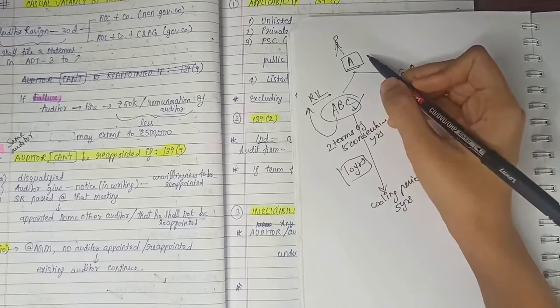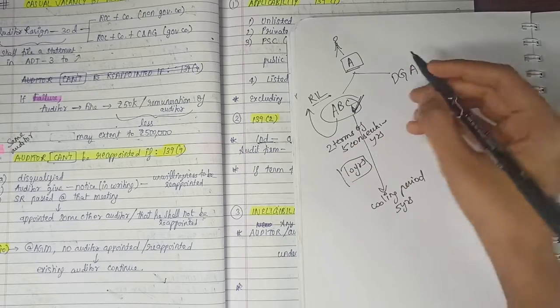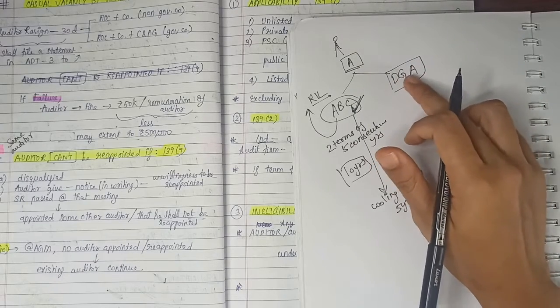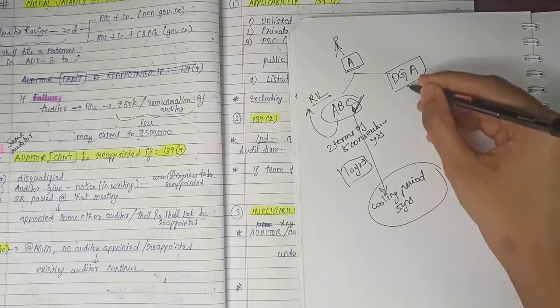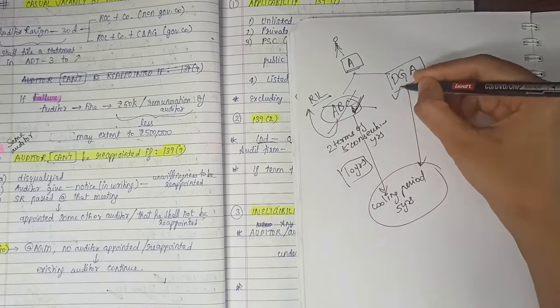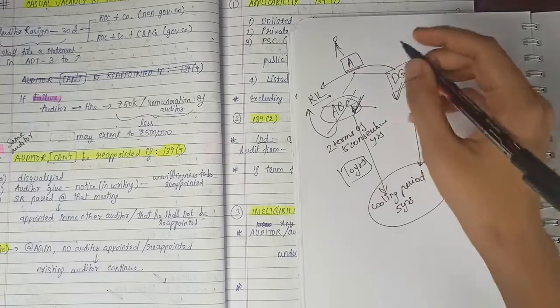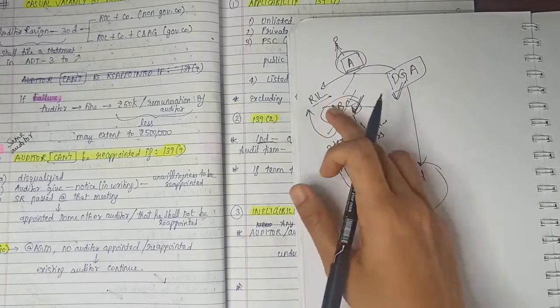A says, listen, one of my firms cannot audit your company, but I have another firm where I am a partner, known as DGA Limited. For the next 5 years, ABC cannot be appointed, but DGA we will appoint and will continue the fraud. Because he is a common partner in both the firms, he is trying to continue the fraud with Reliance Industries.